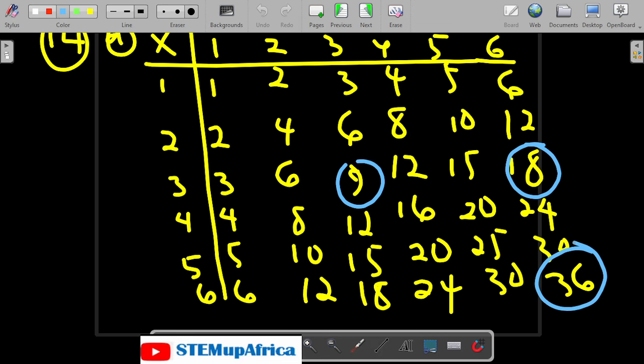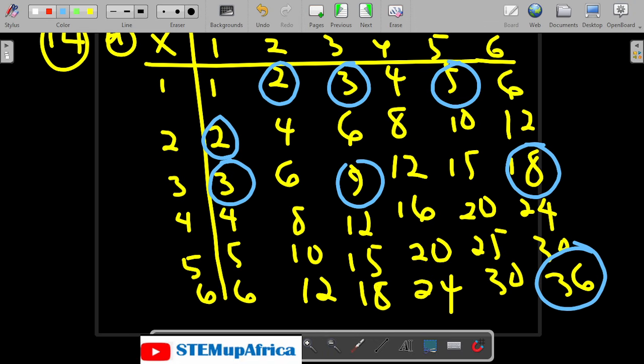We have 1, 2, 3, and 4. 5 is also a prime number.